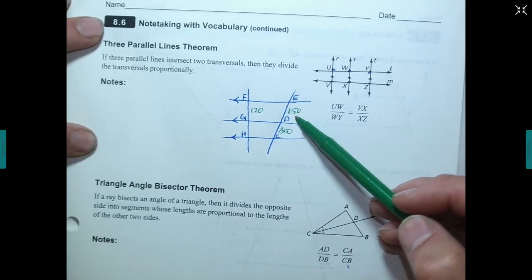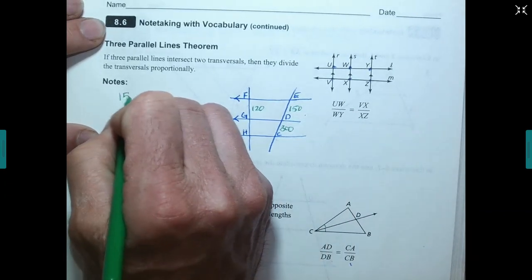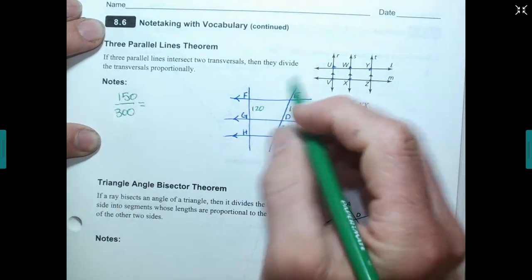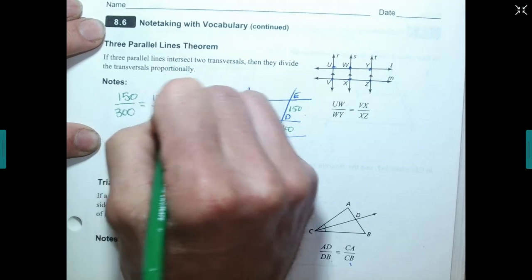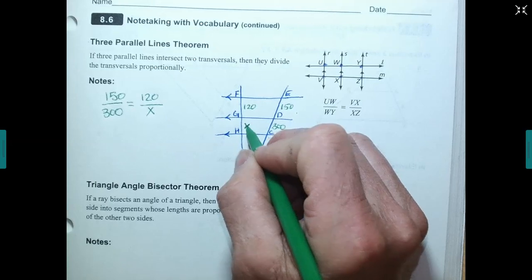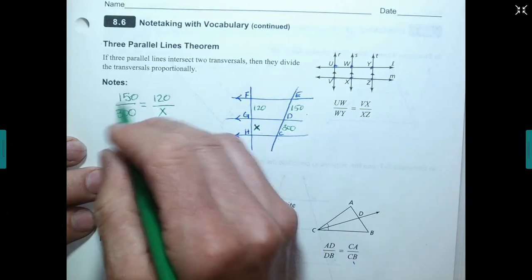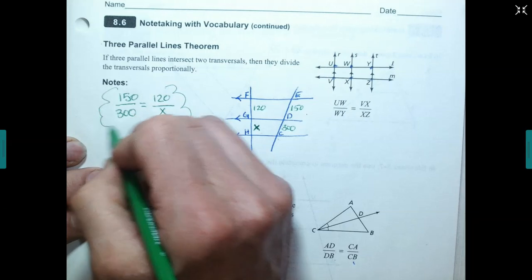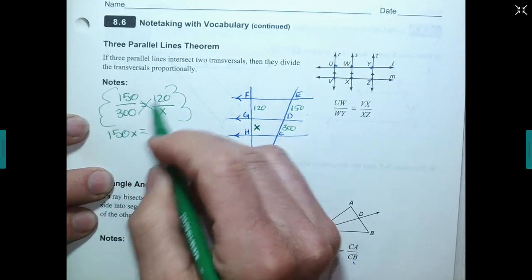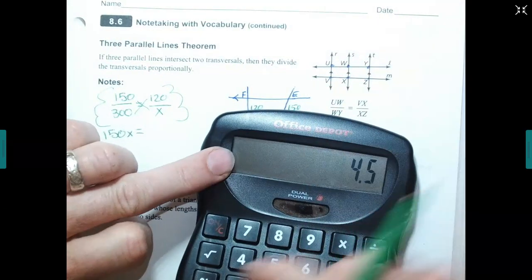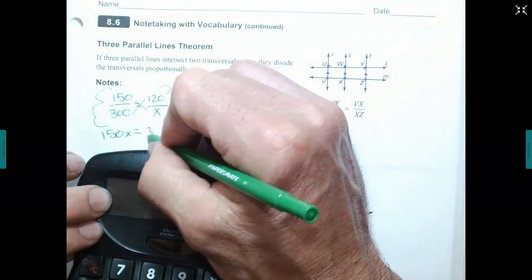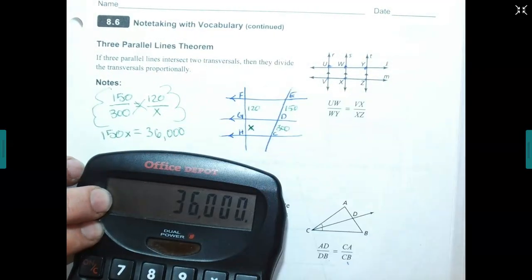So let's write that out. 150 over 300 is equal to 120 over X. This is our unknown X. So I do my butterfly, where I have 150 X equals 120 times 300, which is 36,000.